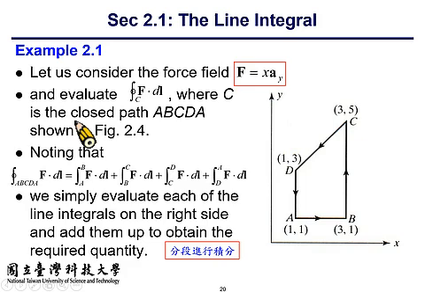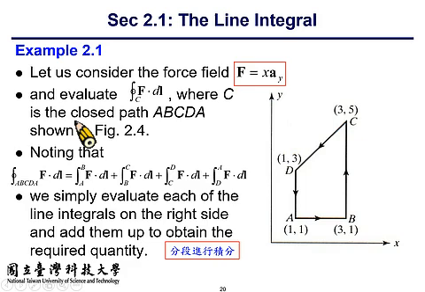I'm sorry, this is not an electrical field. It's just a field. We didn't specify whether this is an electric field or gravity field, whatever. So the field is directed in which direction? In the y direction.